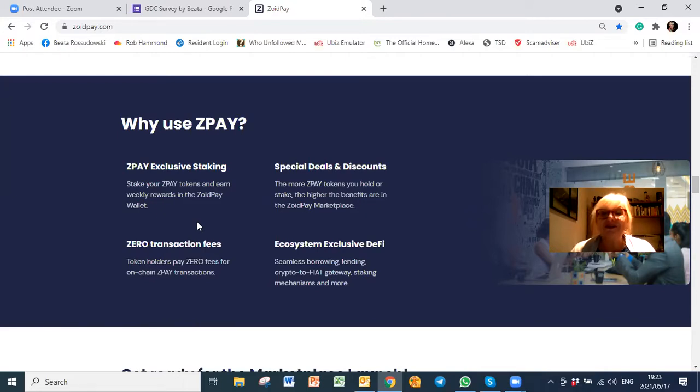And if you are not familiar with compound interest, then think about that. That's all I'm going to say so far on this. To me, right now, we are really sitting in the last stretch of ZoidPay, just before the launch. And to me, it's really the last bell.